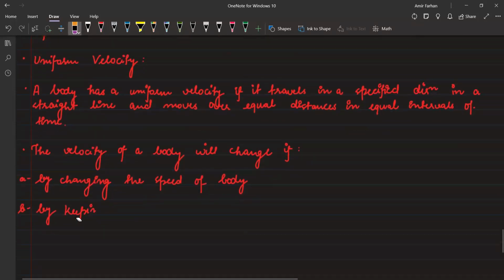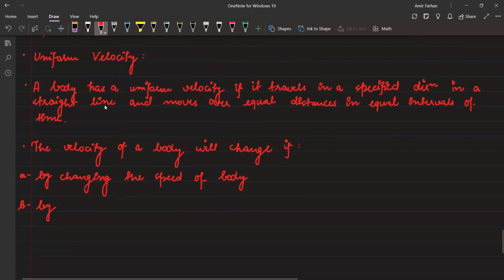If you change the speed of a body, velocity will also change. Basically, if you add direction to the speed, it becomes velocity. Yes or no? Yes, sir. So if you change the speed, obviously the magnitude changes, so velocity will definitely change.